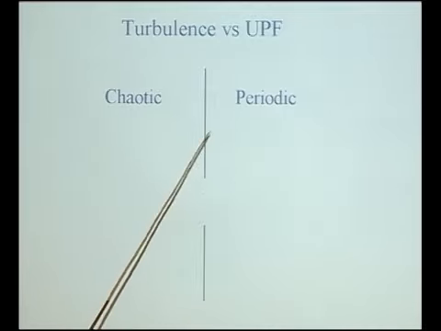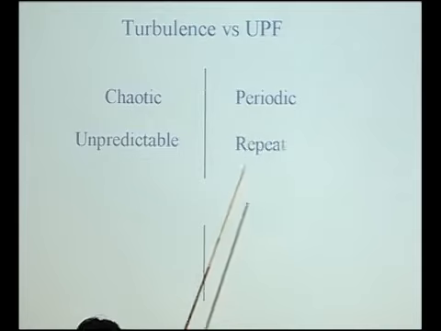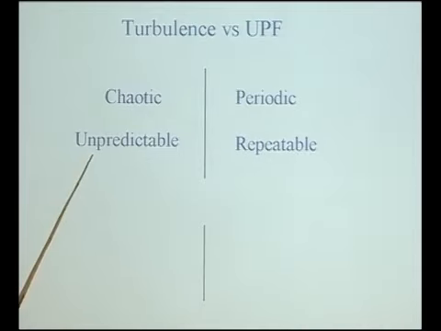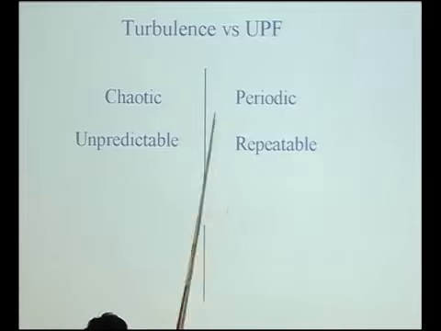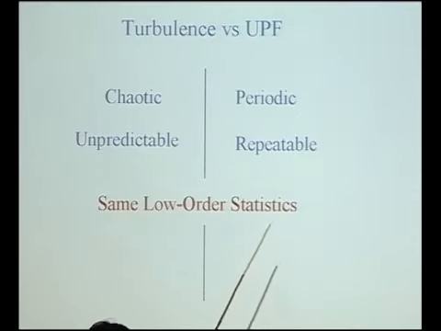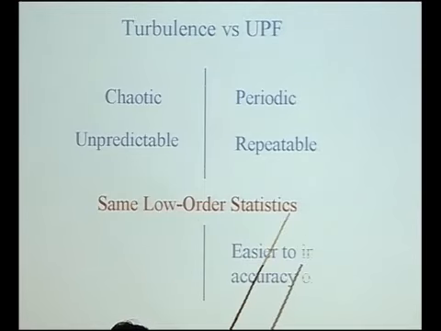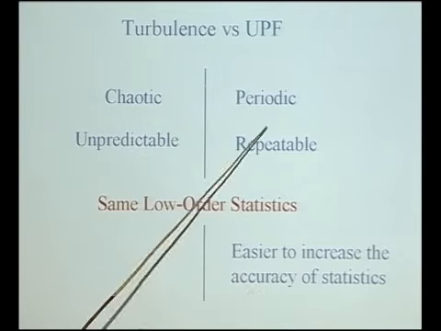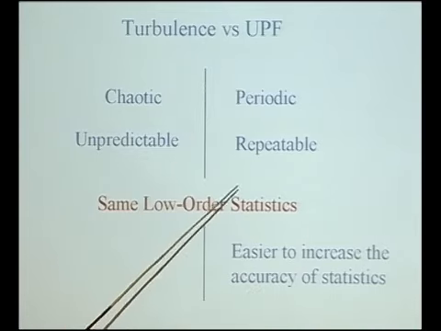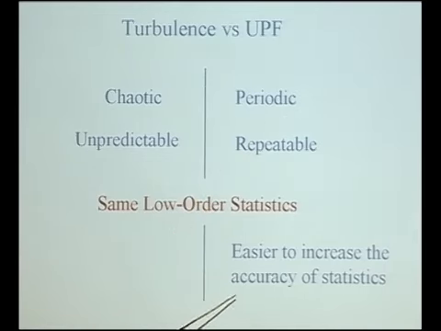Now I compare some characteristics of the two flows. The motion in turbulence is chaotic, and it is periodic in time in the unstable periodic flow. Here the flow is unpredictable, but in the unstable periodic flow it's repeatable, but they give nearly the same low order statistics.